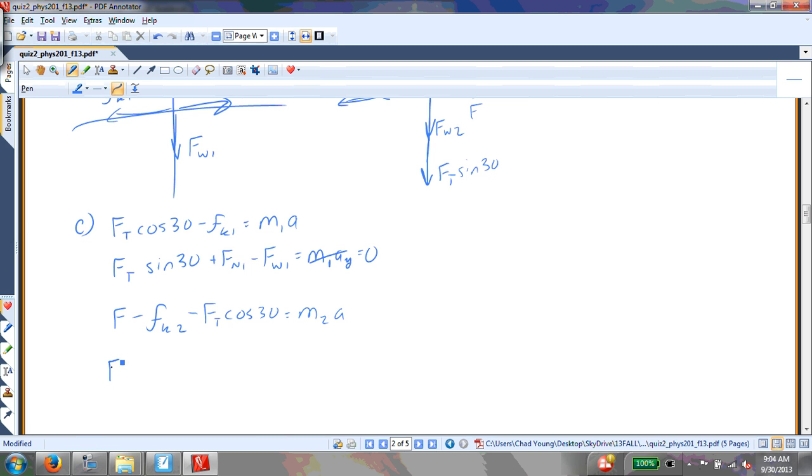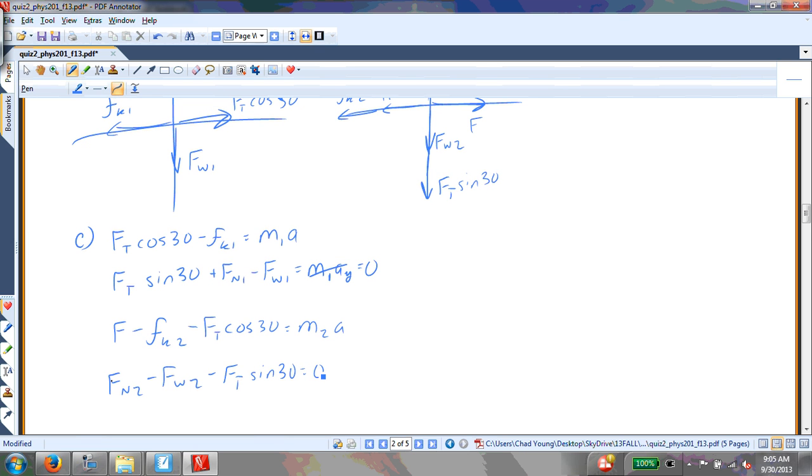And then finally Fn2 minus Fw2 minus Ft sine 30 equals 0, because it's not accelerating in the y direction. So those are my 4 equations. I'll label them 1, 2, 3, and 4.